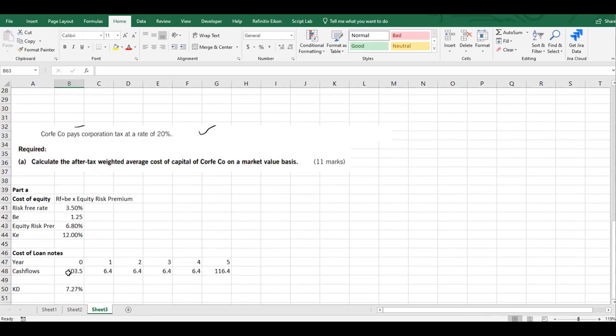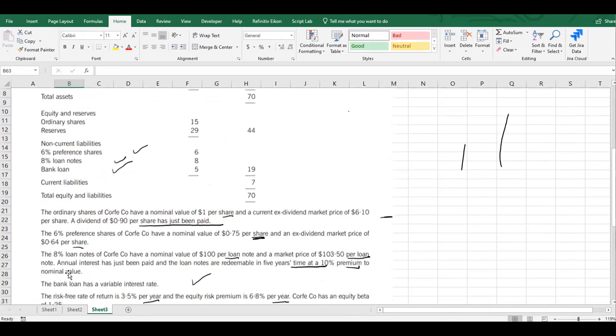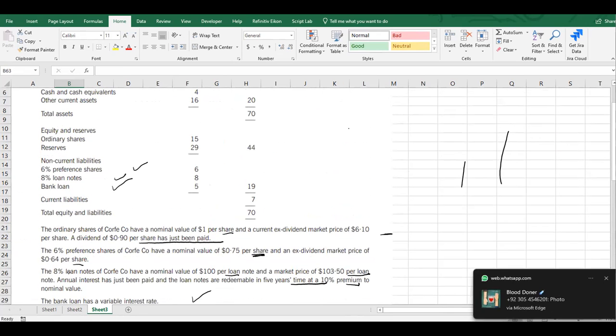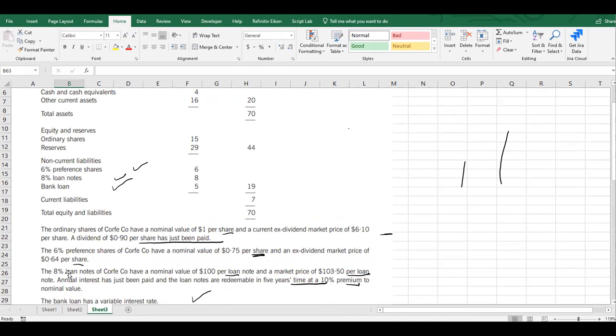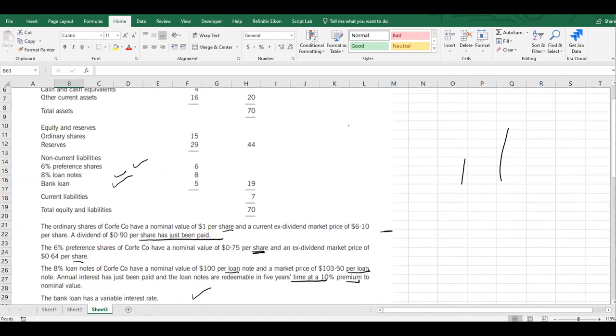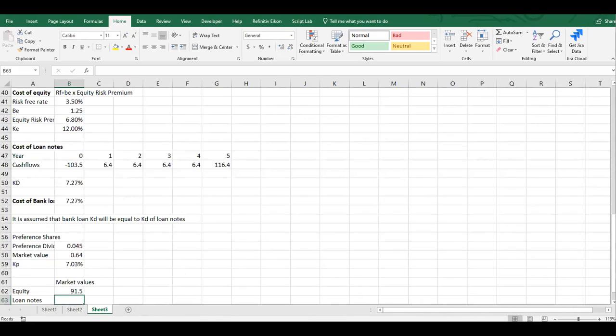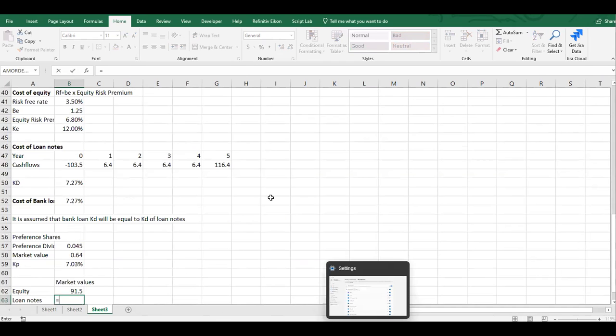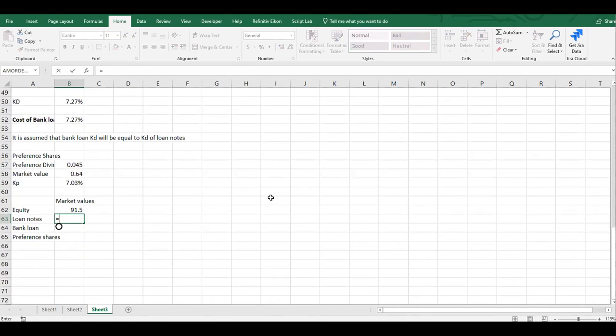Loan notes book value is 8 million. Par value is 100 and market value is 103.50. So 8 million divided by 100 into 103.5.